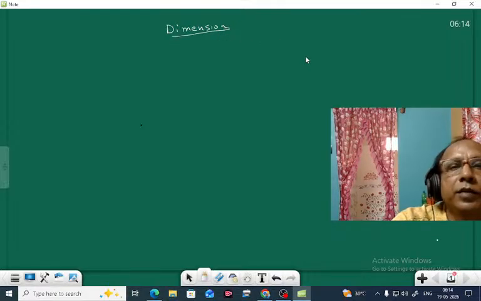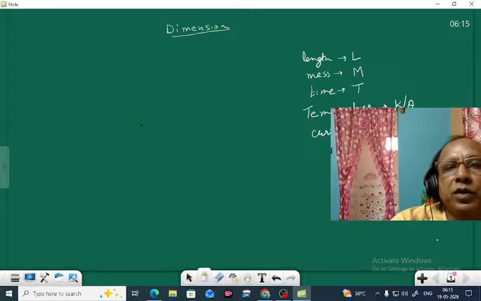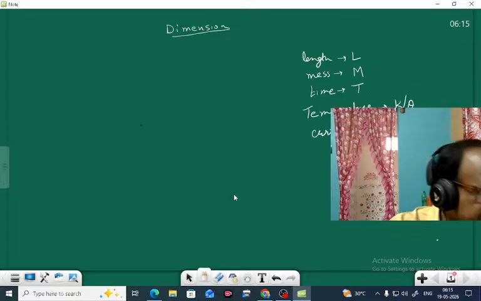Actually, in dimension, the length is represented by capital L, and mass is represented by capital M, and time is represented by capital T. And if you want to measure temperature, then temperature is represented by either K or theta, and current is represented by ampere. So these are the basic features of dimension.